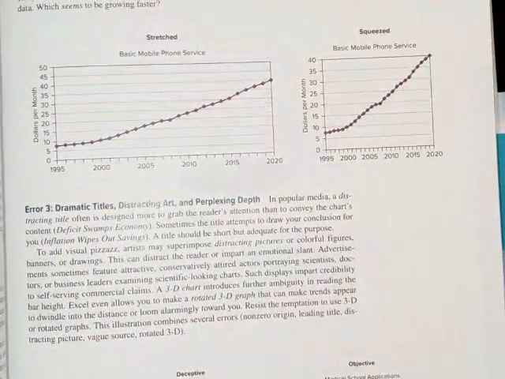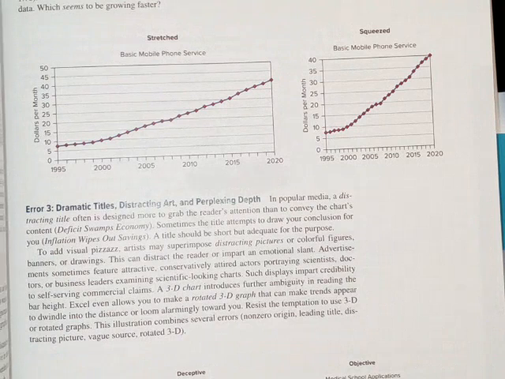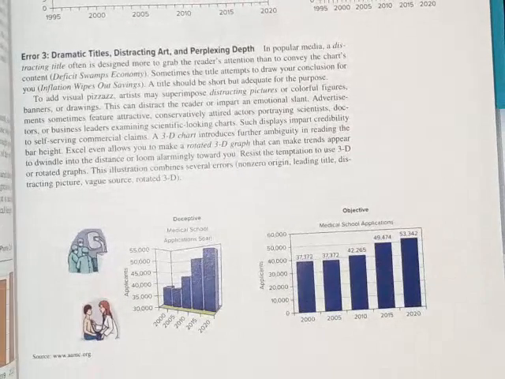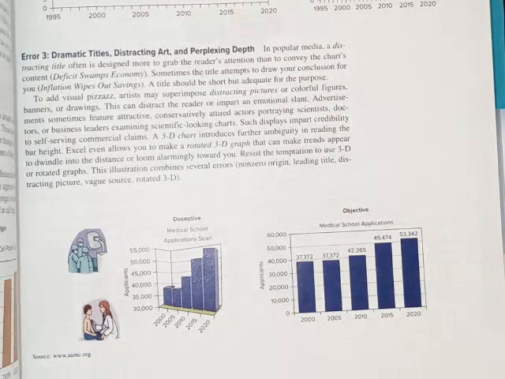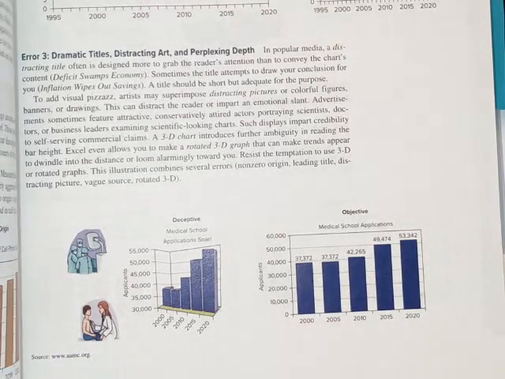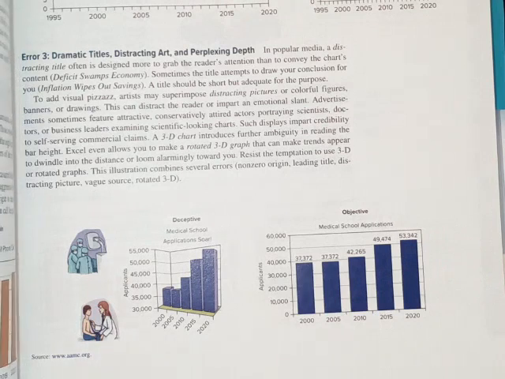Again, same graph. All difference, smaller from left to right. Looks more dramatic. And data on the left and the right. What purpose do those two have in a complaint school application?